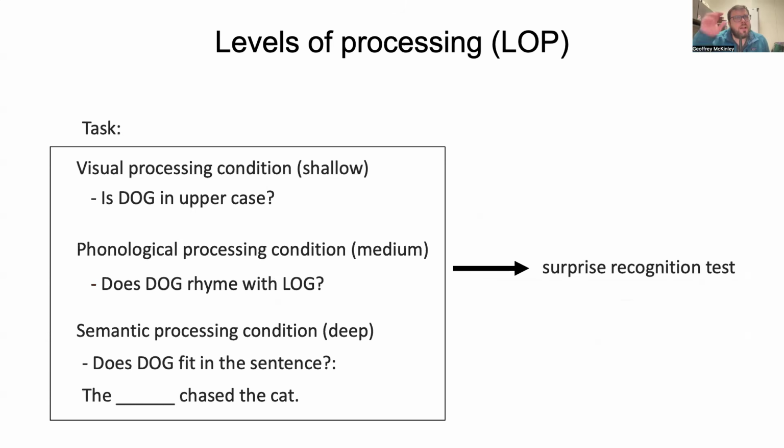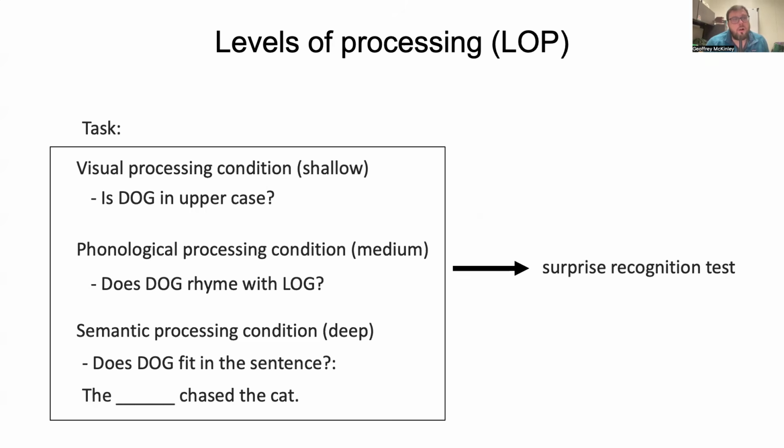And so in the study that introduced this idea, participants were shown a series of words, and for some of those words, they were asked questions meant to orient the person to encode it in a shallow way. So, is the word dog in uppercase or lowercase? Or it could be a phonological, medium level of encoding.